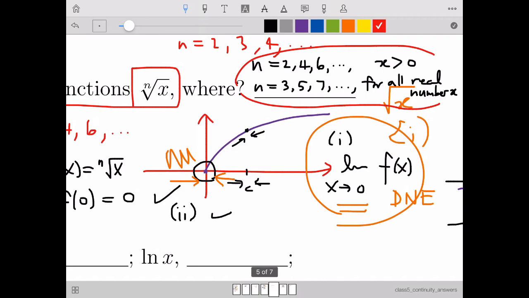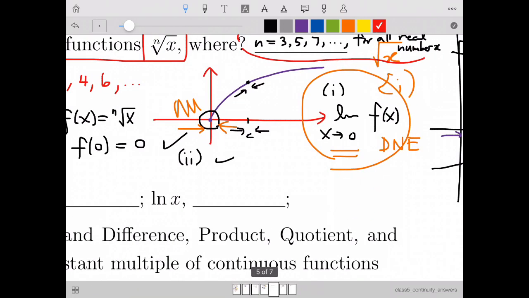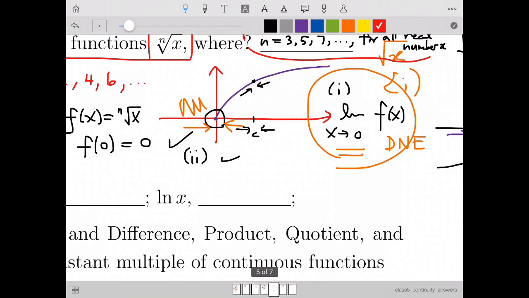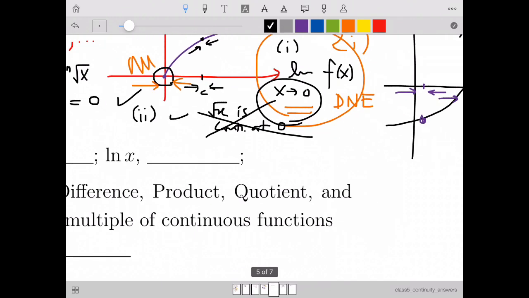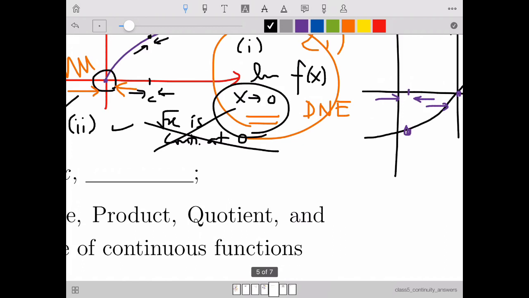And for even-numbered roots, I cannot say, for example, that square root of x is continuous at 0. I cannot say this because I cannot approach 0 from the left. But what I can say is the following.